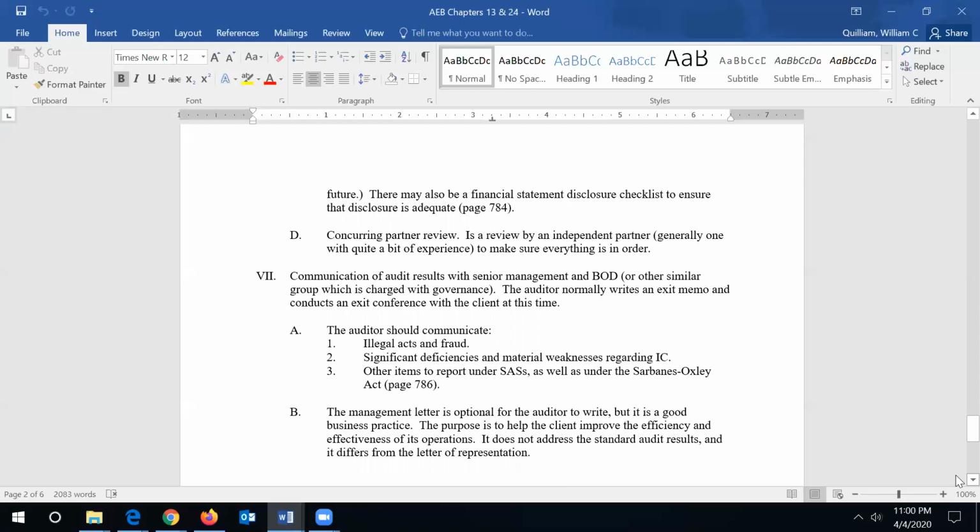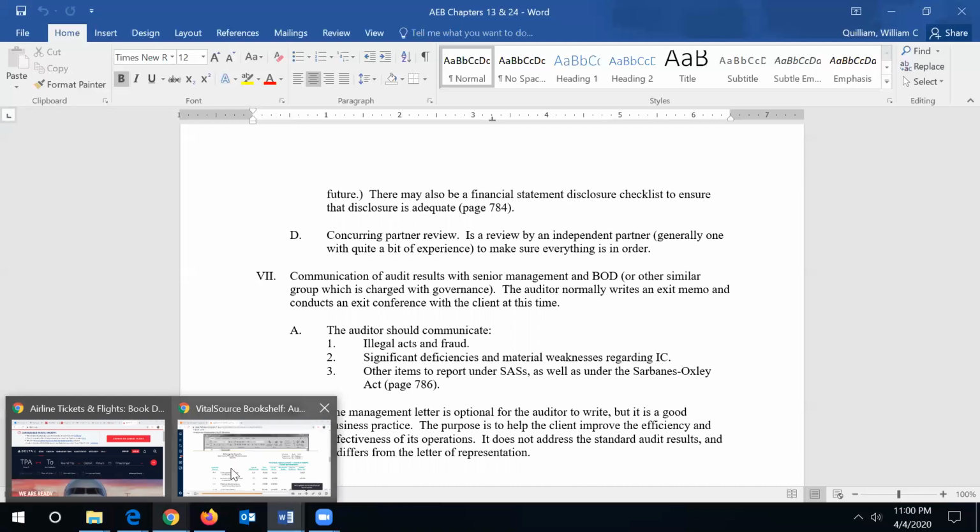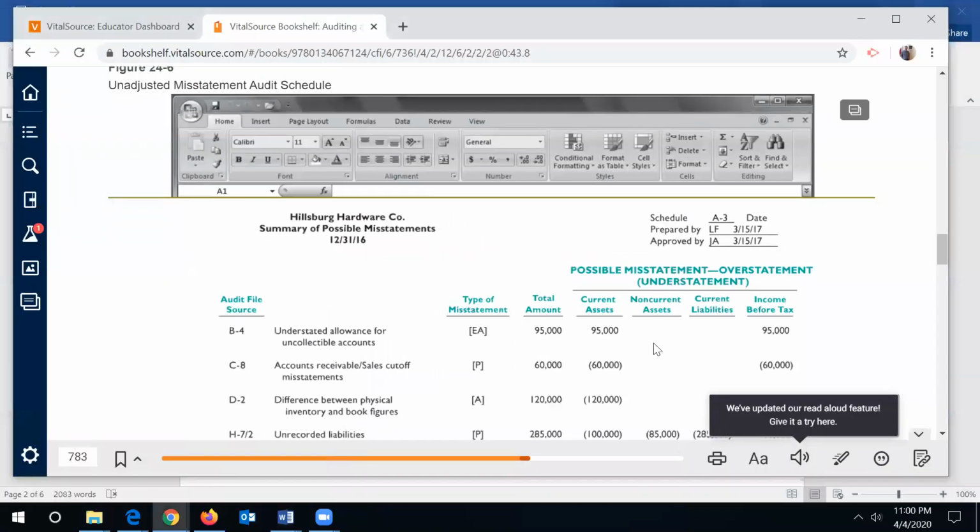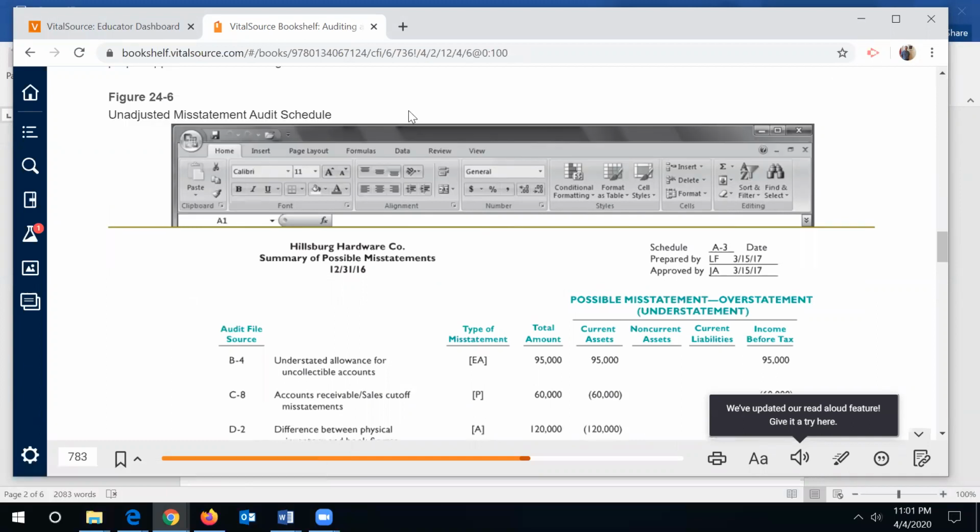And there may also be a financial statement disclosure checklist to ensure that disclosure is adequate. Not too concerned about that. It's on page 784 if you'd like to have a glance at it. I would, though, like to take a look at the past audit adjustments. So here in figure 24.6 on page 783, we see the same thing.